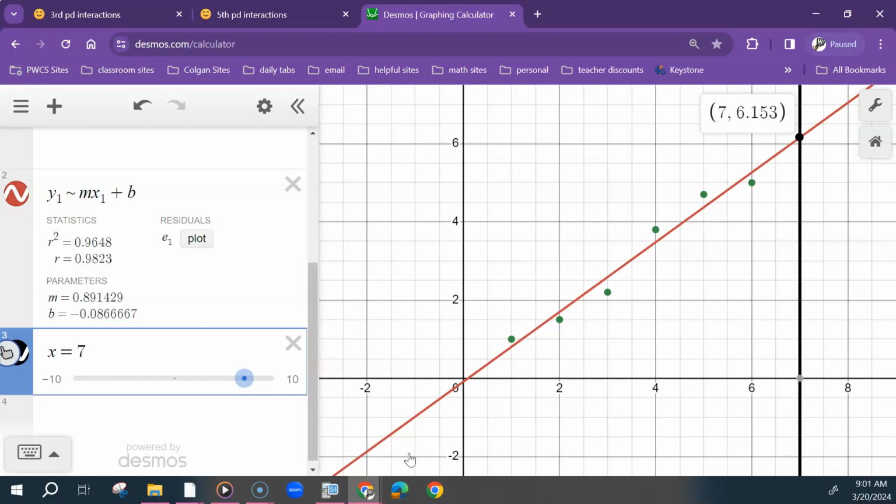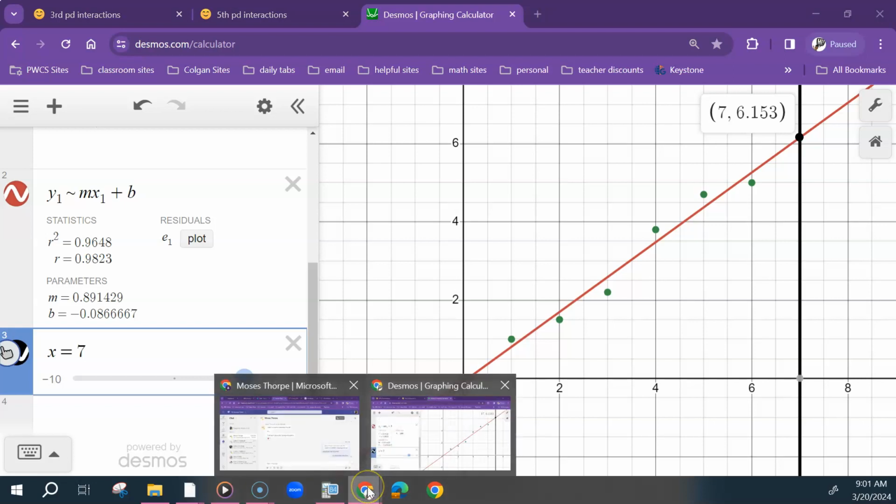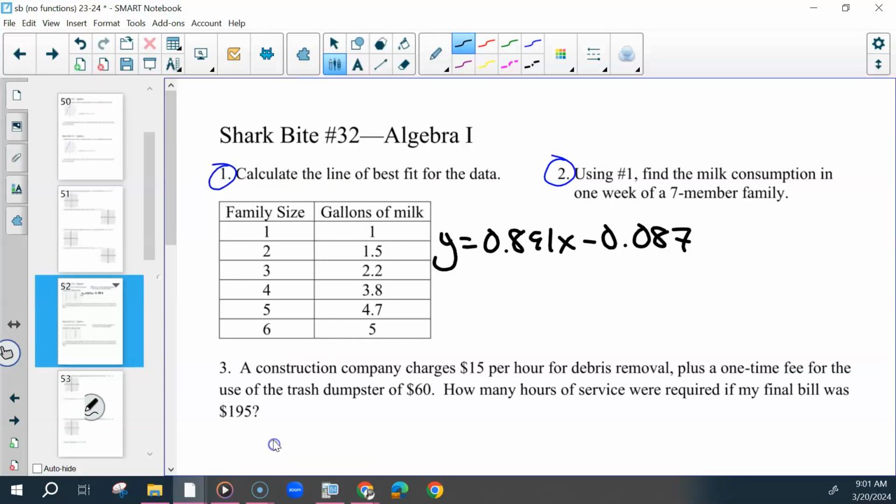Because all of these are 1 decimal place, let's say 6.2 gallons of milk. Make sure you use Desmos to find that answer.